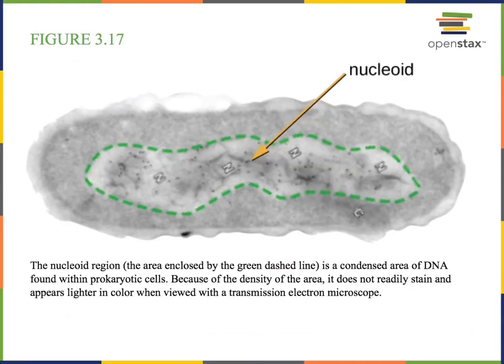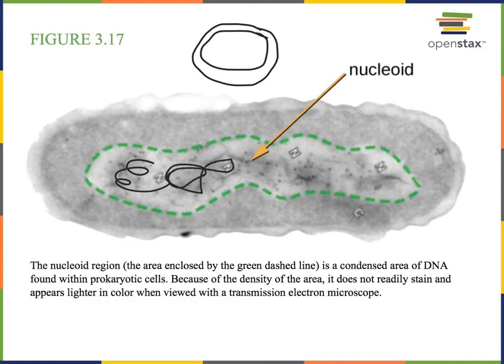So here's our nucleoid, and what we've got basically is a concentration of DNA in the middle of our cell. The chromosome in bacteria is circular, just circular double-stranded DNA, and it's all twisted up, which is why it appears to be kind of a big mess of spaghetti in here.